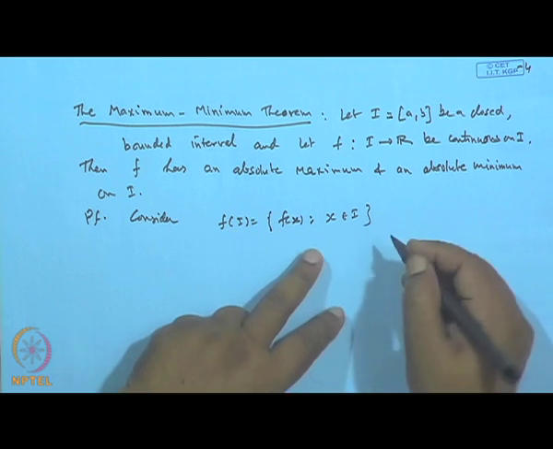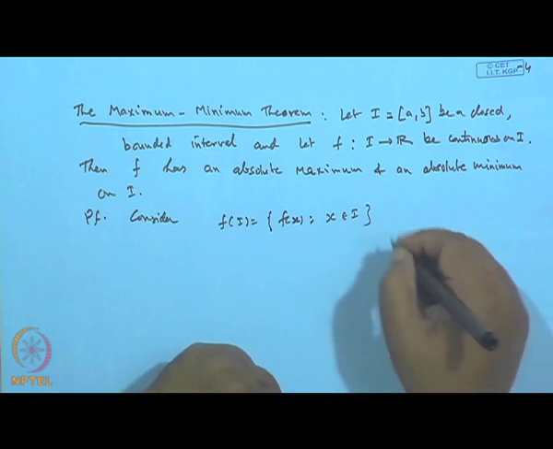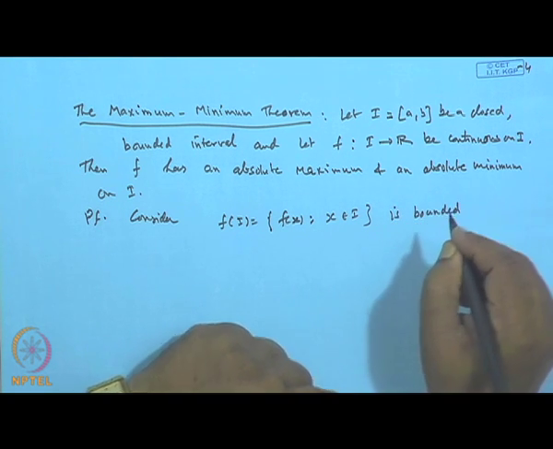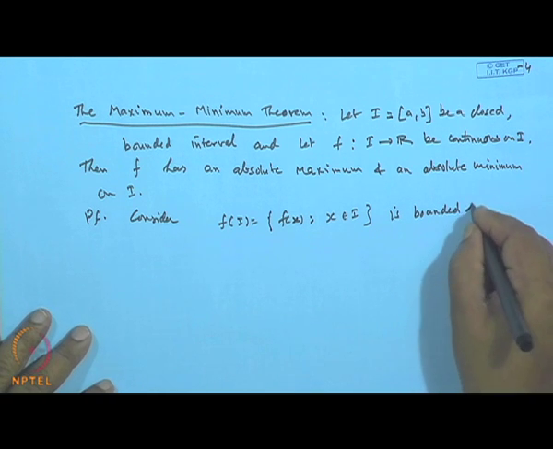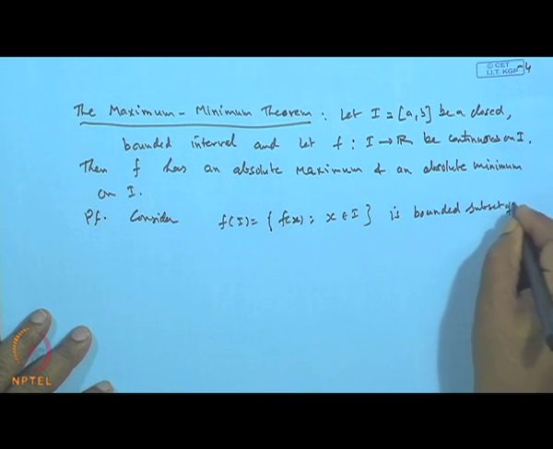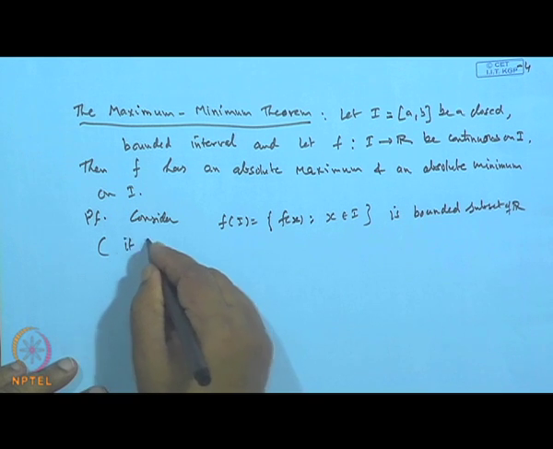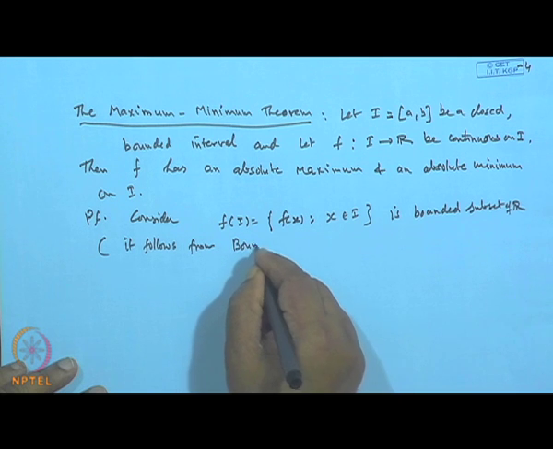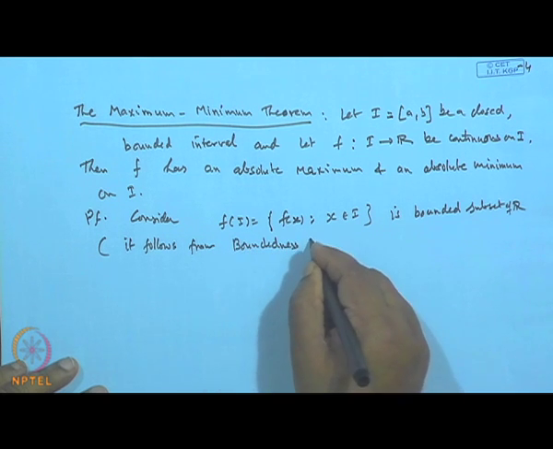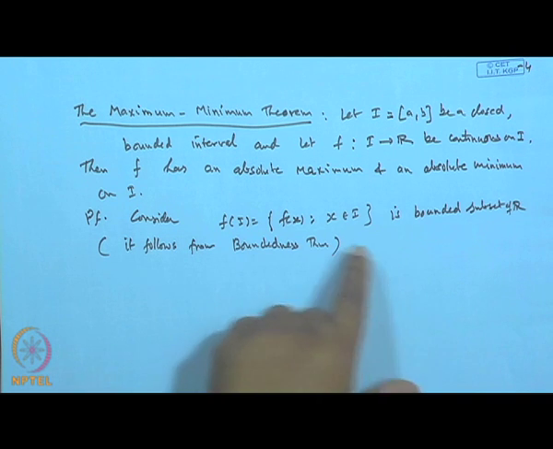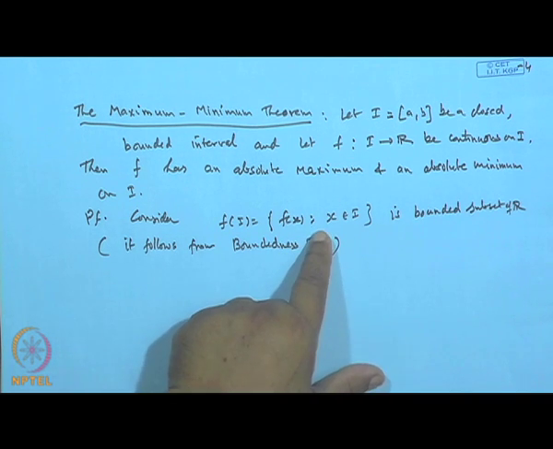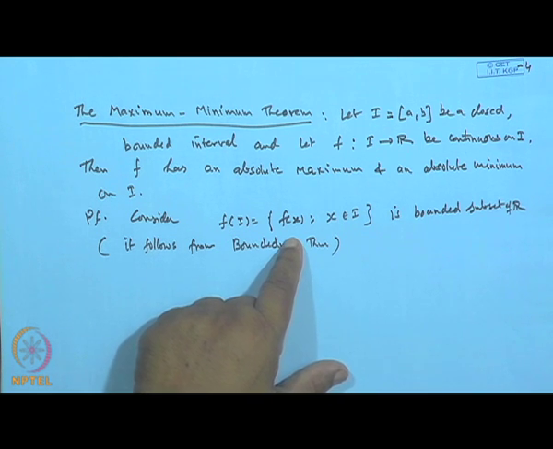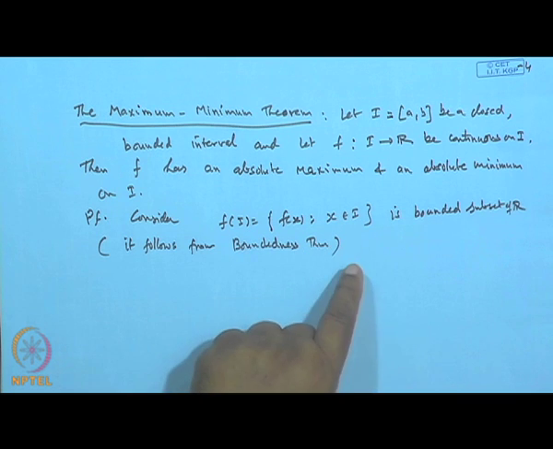Now, this range set f of I is clearly a bounded subset of R, and this follows from the boundedness theorem, because we have seen that if I is a closed bounded interval and f is a continuous function, then f is bounded on I, that is, the range set will be a bounded set.